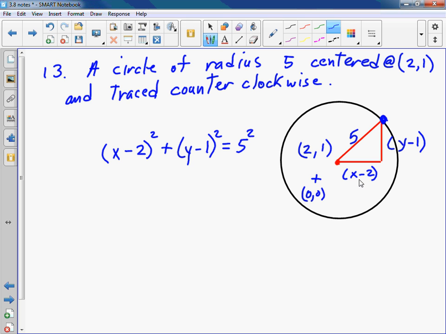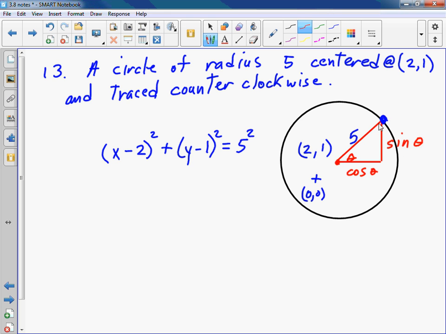Now, remember from last year in trigonometry, we said that the x component is cosine theta, the y component is sine theta, and the coordinates are cosine theta, sine theta.